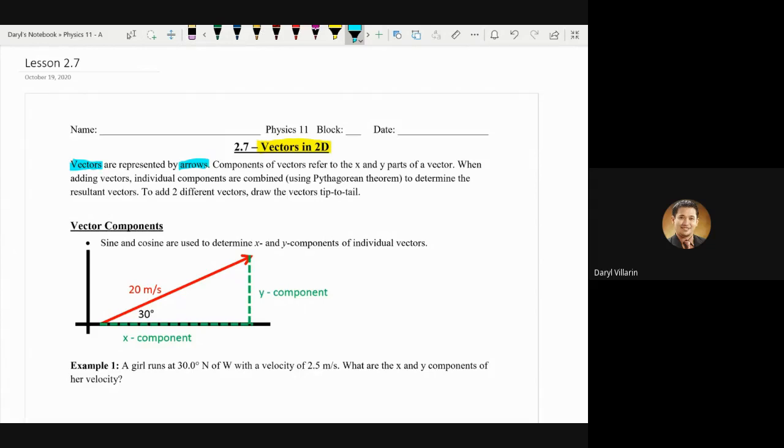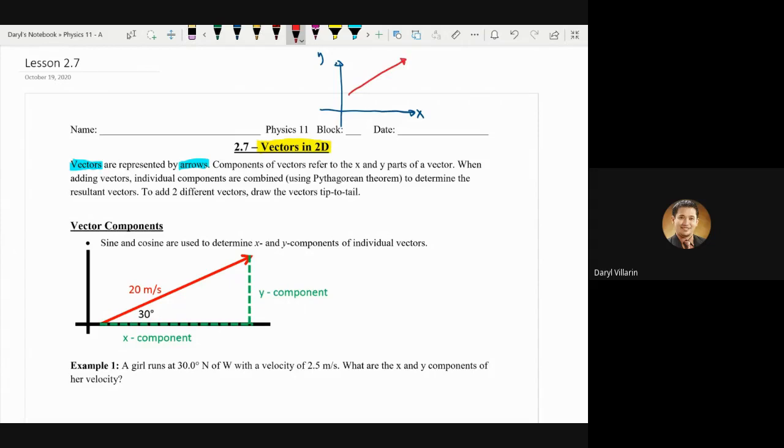So if your vector is lying in an xy coordinate system, let's say for example I have y and x, and then the vector is somewhere here.